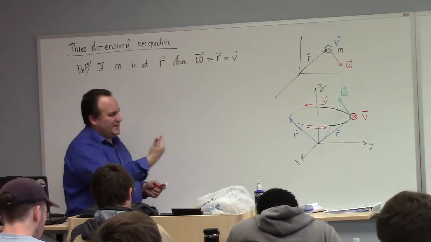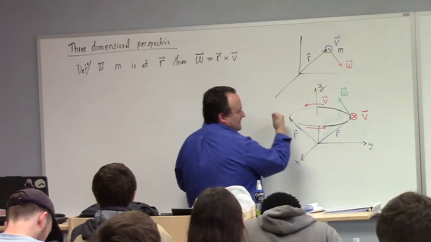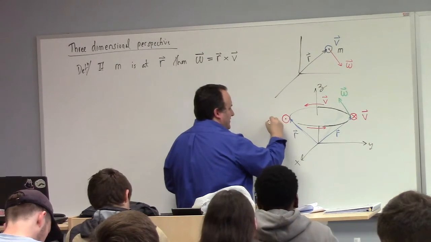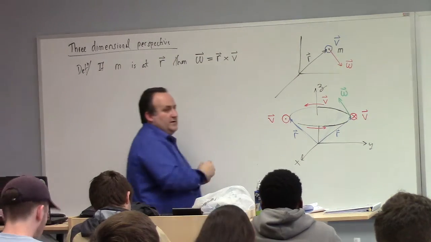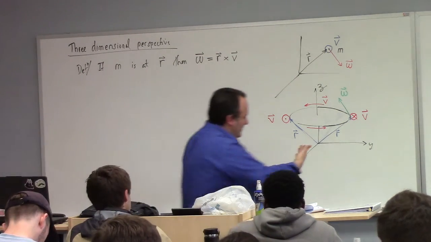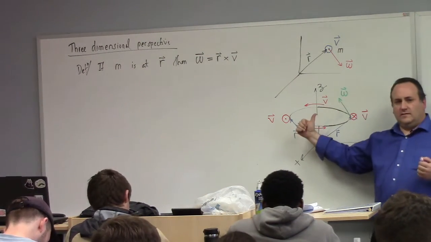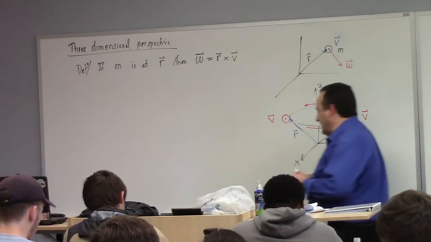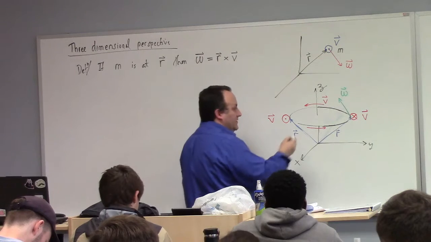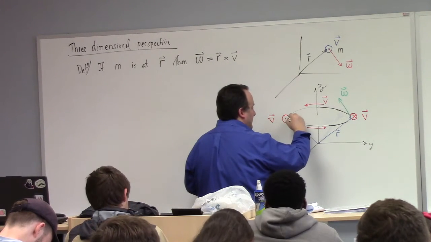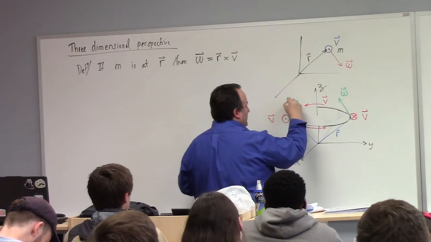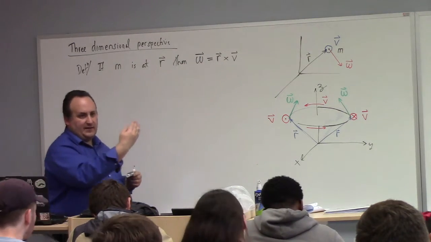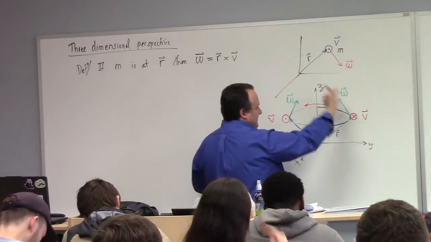So now the velocity over here is coming out at you, right? So here's a picture of that. R crossed into V, so like this. So you kind of get this cone. The angular velocity is changing, but it's always pointing this way.